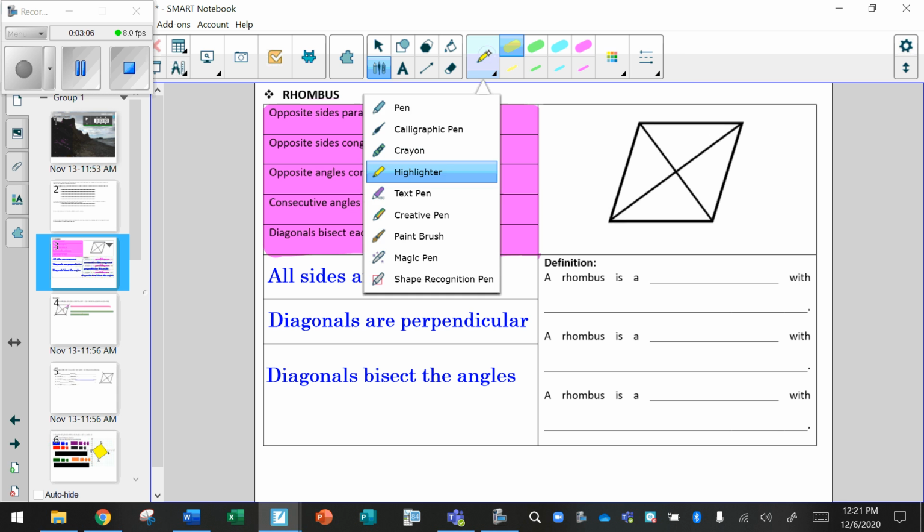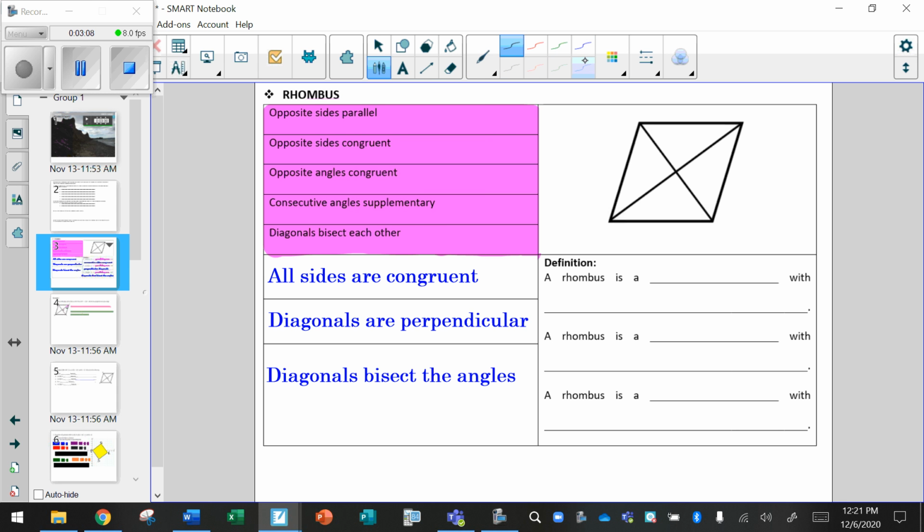Now, as far as the diagonals bisecting the angles is concerned, what I'm talking about is when the diagonals hit the corners of the rhombus, it bisects them into 2 equal parts. Since the opposite angles are congruent because it's a parallelogram, what happens is we have some alternate interior angles, which makes sense that they are congruent.